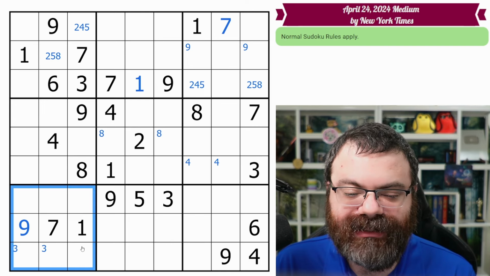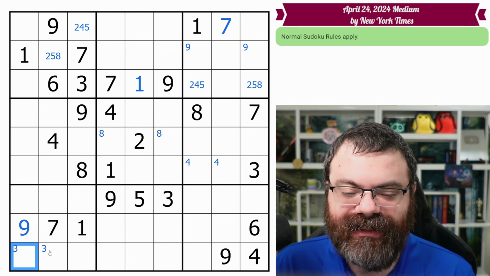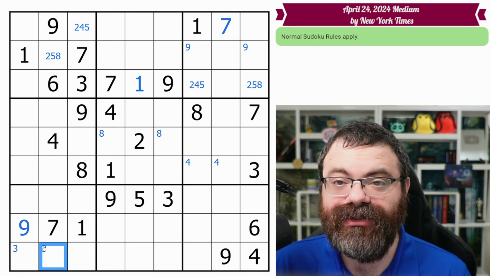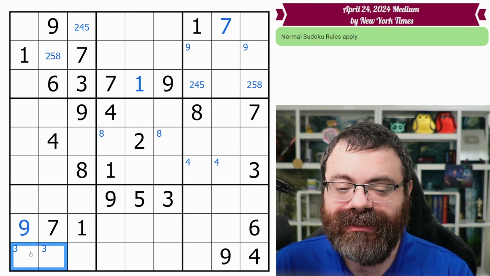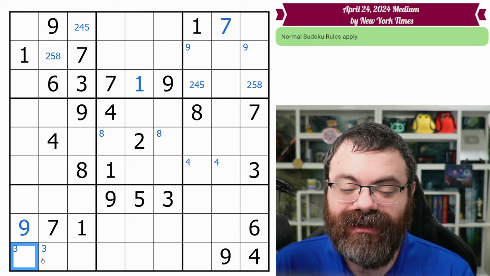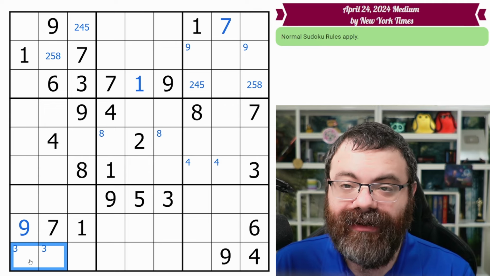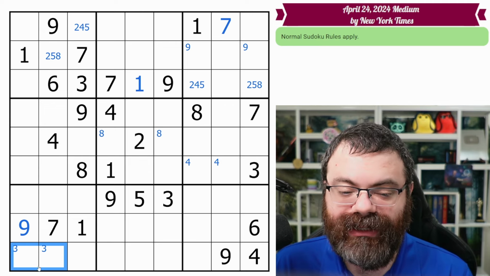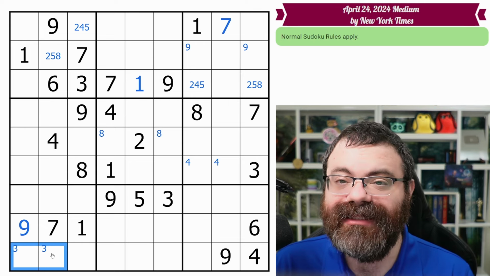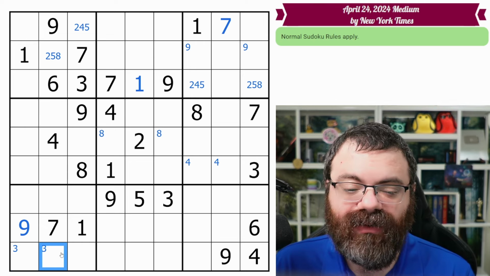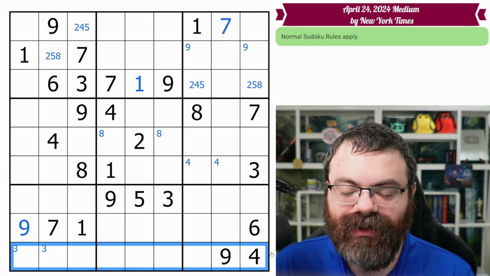Well, in this box, it means that the 3 is limited to this cell or this cell. In our final solution, the 3 will either be here or it will be here. Those are our only 2 choices. It won't be in both, obviously, but it'll be in one of them. Guaranteed, because this box has a 3 in it. So what do those 2 cells have in common? Well, they are in the same row. So no matter where this 3 ends up, it will be in row 9.